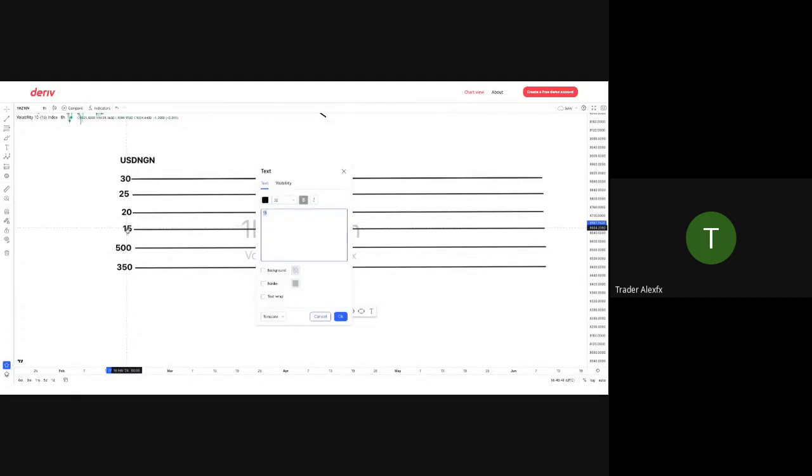I want this to be very accountable. So let's say this is 250, this is 500, 750, 1,000, 1,250, 1,500.